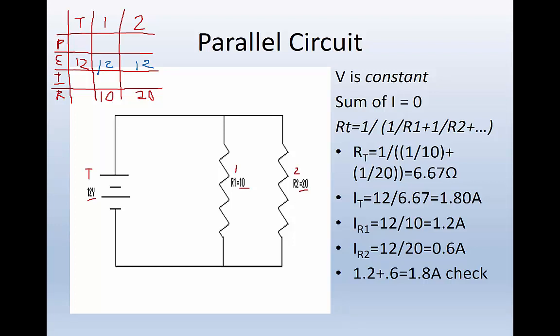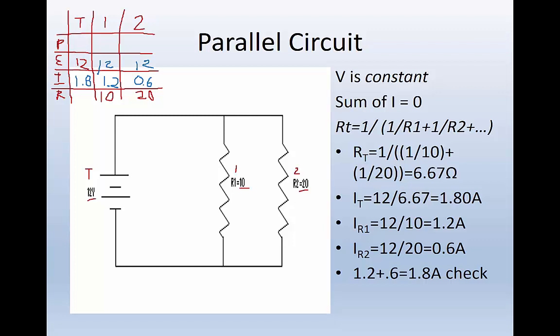We could then go down. 12 divided by 10 is 1.2. 12 divided by 20 is 0.6. All right. Let's add these together. 1.2 plus 0.6 gives me 1.8. All right.